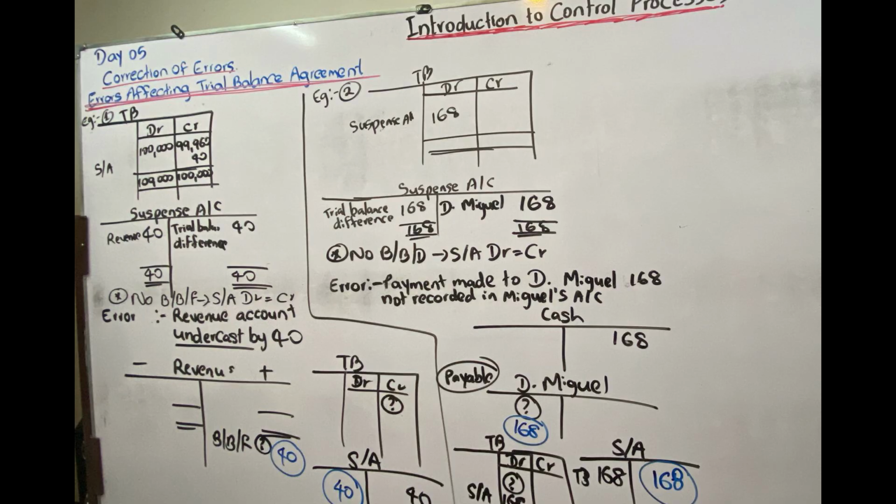After that, the suspense account is balancing at 168, right? No balance brought forward, no balance carried down, suspense account debit equals credit. You can see that is what happened. Right. Hope it's clear to you.